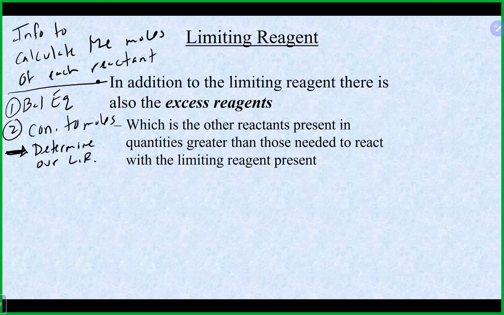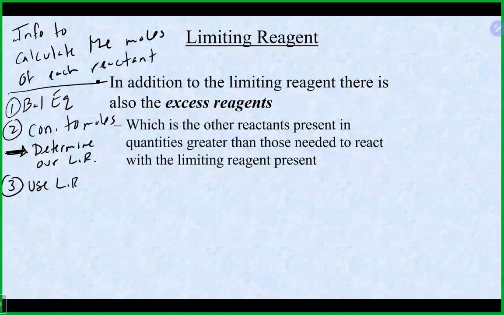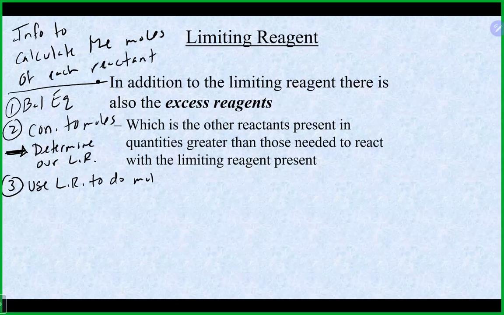Once we do that, remember that it is the limiting reagent that determines how much product you're going to make. So at that point, we're going to use our limiting reagent to do our mole to mole relationship like we've done before. And then we're going to convert those moles into whatever units we're looking for.